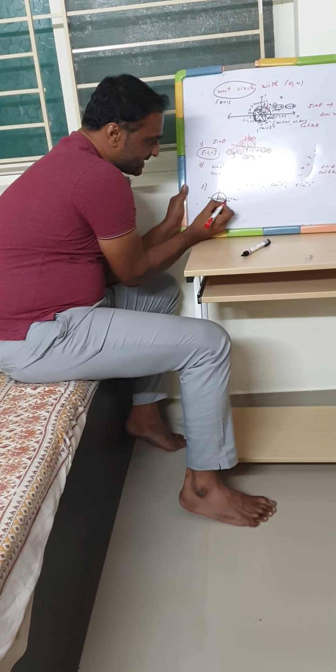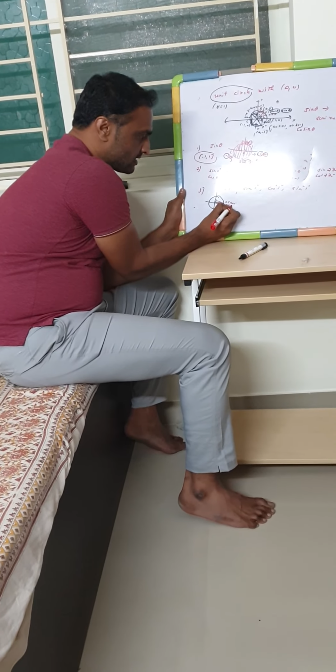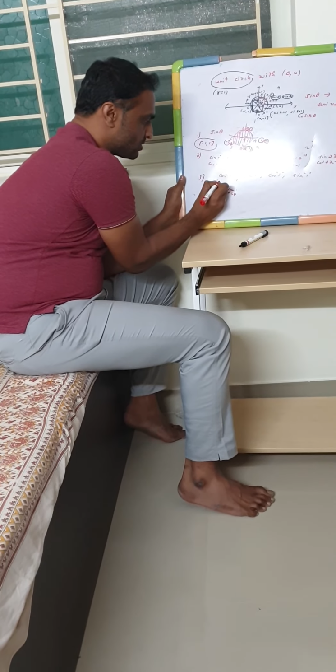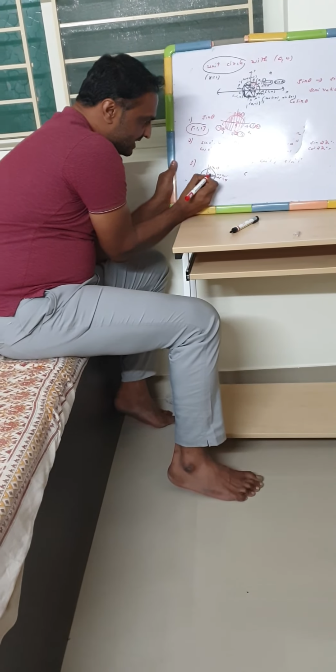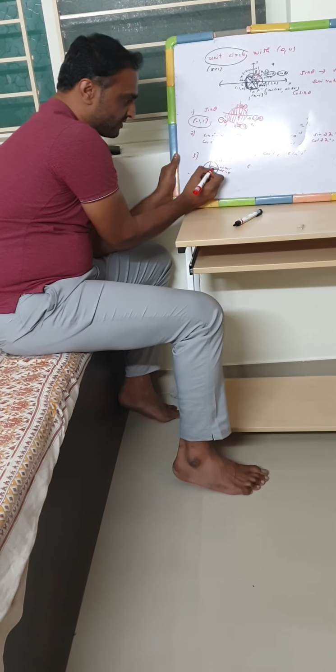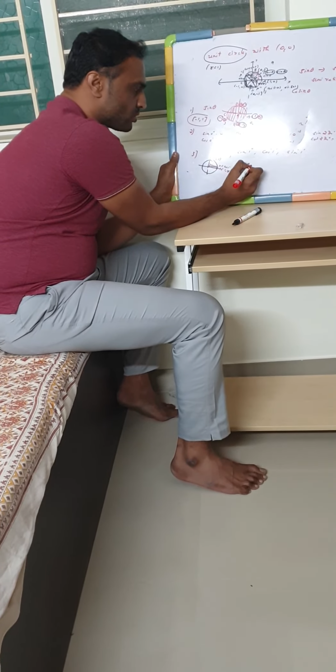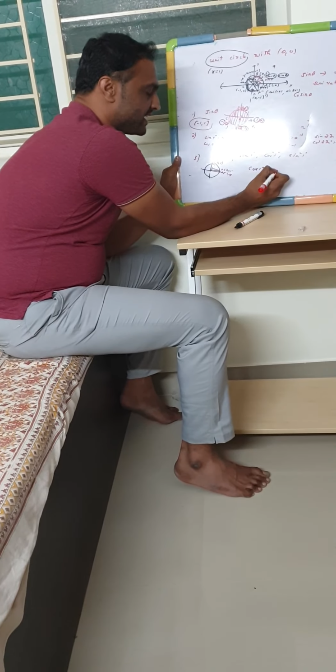Clearly, this length is greater than this length, right? This length is greater than this length here for 1 degree, right? So cos 1 degree is greater than sin 1 degree.